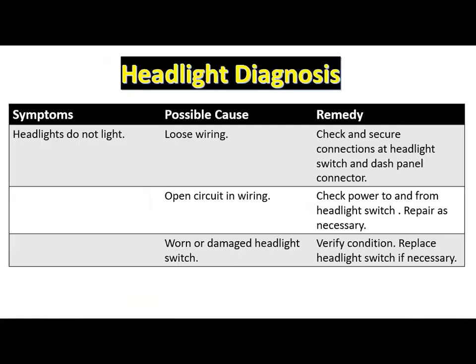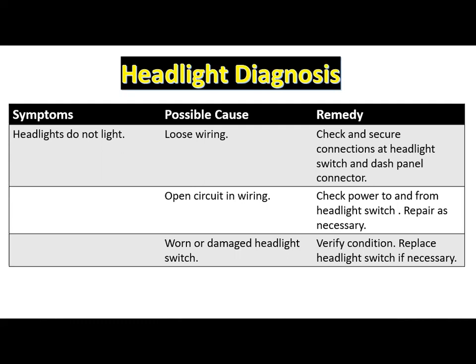So in terms of headlight diagnosis, these are the symptoms, possible causes, and the remedies that you're going to have, ideally. One symptom is the headlights do not light. A possible cause could be loose wiring, and the remedy is to check and secure connections at the headlight switch and dash panel connector.